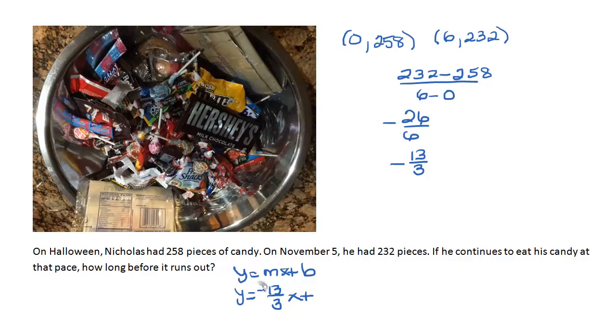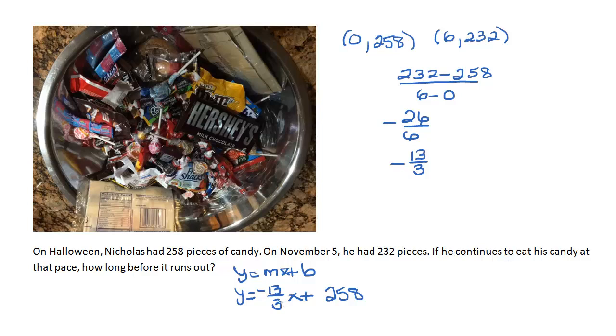So negative 13 thirds, which makes sense because his candy is decreasing over time. And his b is his original amount at time 0, where does it cross the y-axis? When x is 0, y is 258.